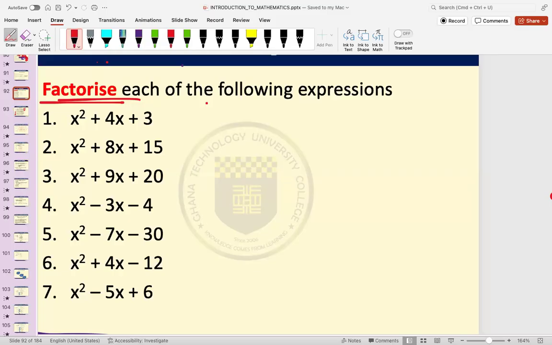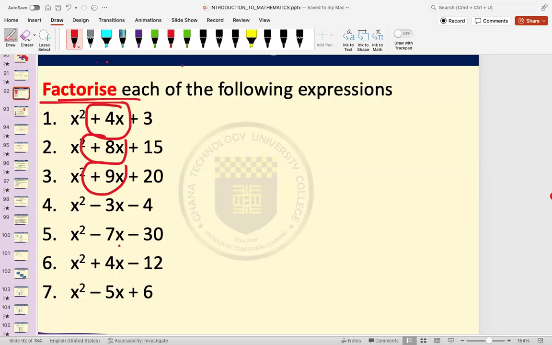And those of you who are not seeing what Abraham is saying, he's saying that all the middle terms we have looked at so far, they are all having positive signs. But if you look from 4 to 7, you have 4 negative, 5 negative, 7 negative.